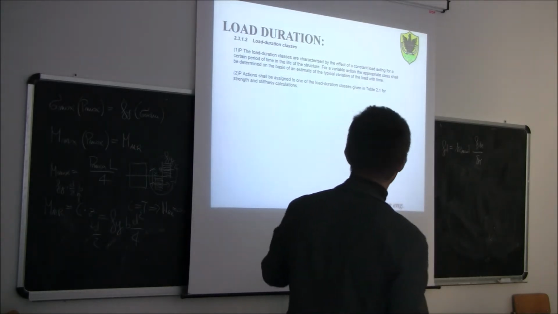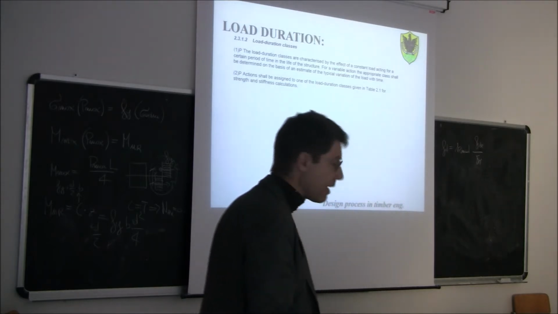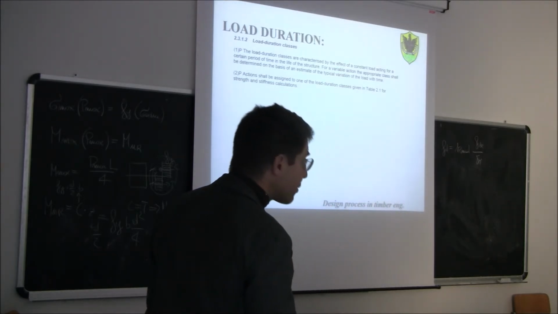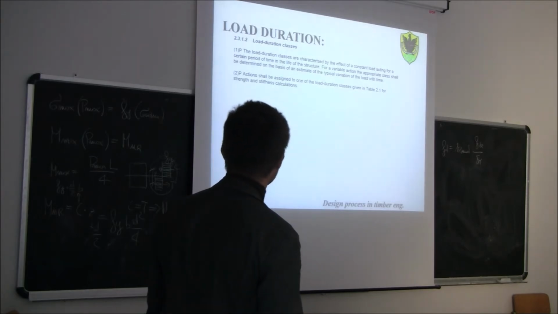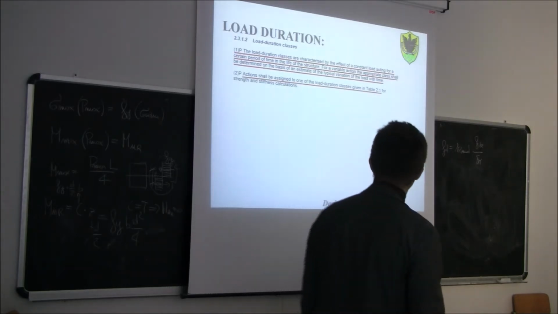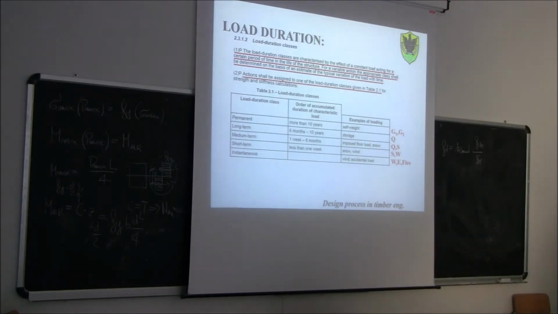So we have a table, Table 2.1, that we're going to see right now. The actions shall be assigned to one of the load duration classes given in this Table 2.1. This is the table, directly taken from the Eurocode, but you can find a similar table also in the Italian regulation, so there is no significant change.